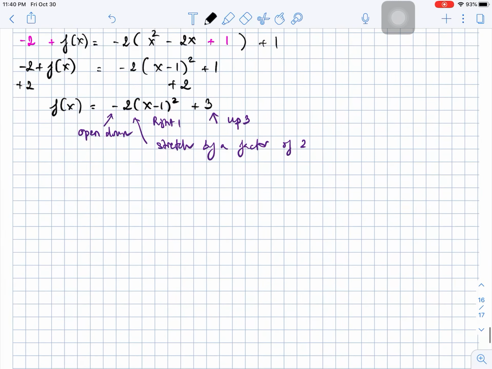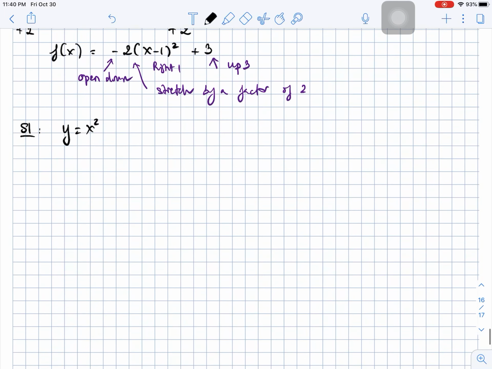It's going to stretch by a factor of 2. So we have 4 things to do here: up and down, right 1, up 3, stretch by a factor of 2. My suggestion is you do the stretch by a factor of 2 first because it's easy. Moving up, down, left, right, we should do as the last step.